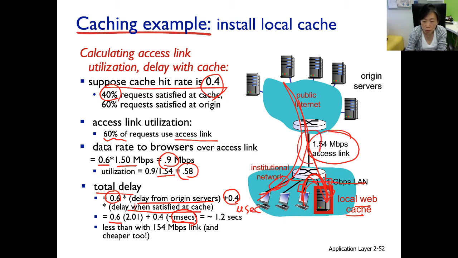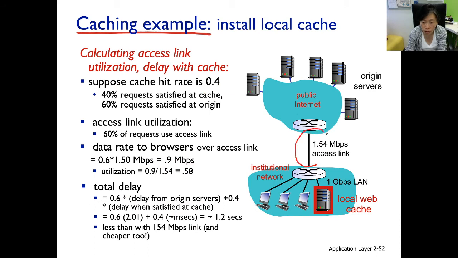This part is the key component. This part, 2 seconds, we know for sure. So what's remaining is just the delay on the access link with 58% utilization. How much delay is this? If there's a lot of queuing delay, we go to minutes. If very, very low, only 1%, we go to milliseconds. So between minutes and milliseconds, let's pick, say, tens or hundreds of milliseconds.